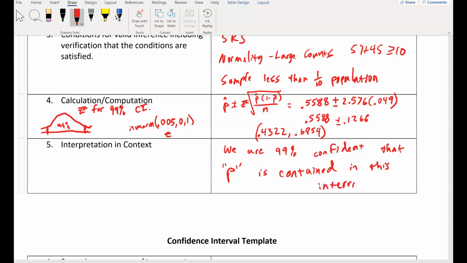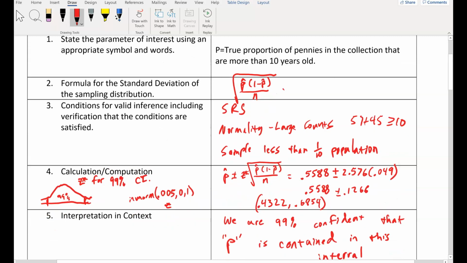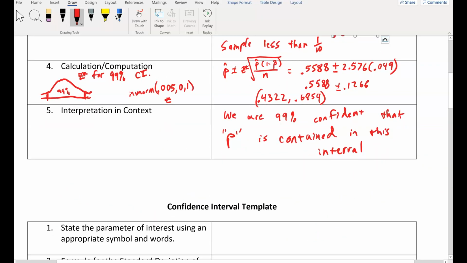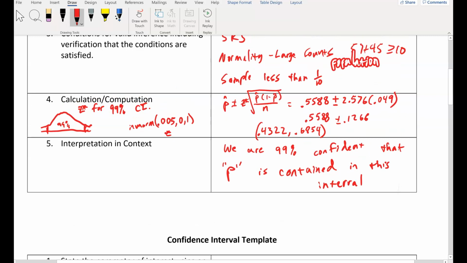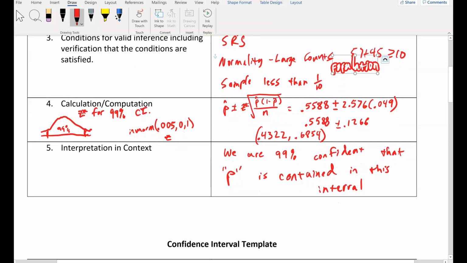This is why I like the template. Your textbook authors use state, plan, do, conclude, but I already wrote up here what p was, so I don't have to write it again. We're 99% confident that p is contained in this interval. Now, if we ask what we mean by confidence, then we have to be a little bit careful how we articulate that.